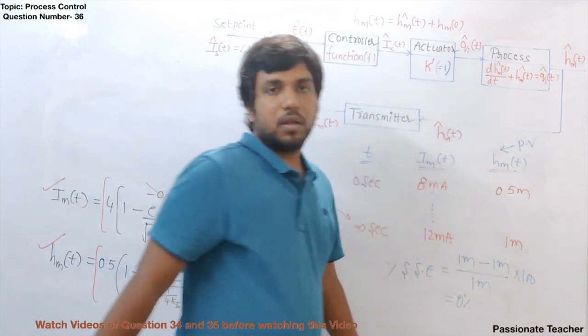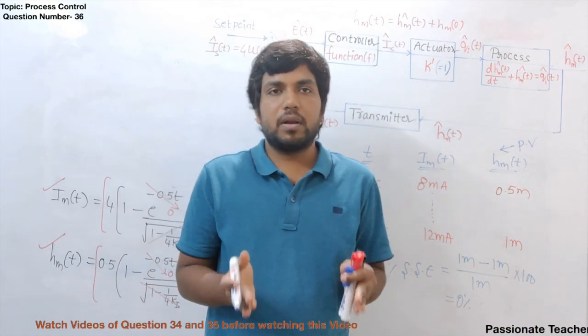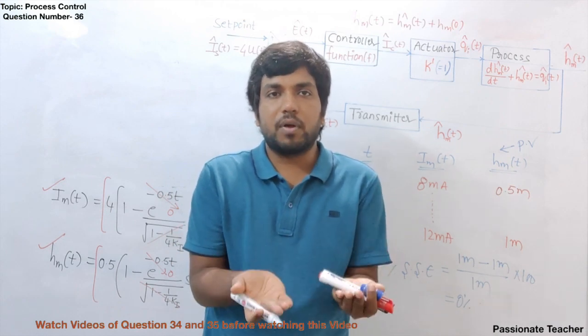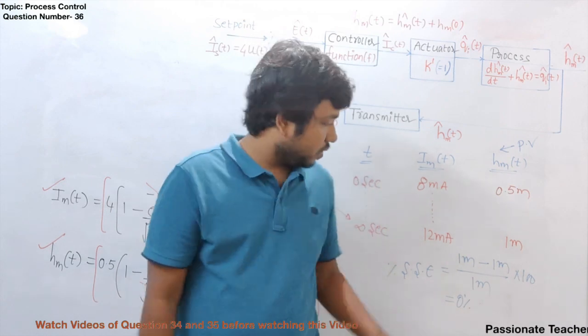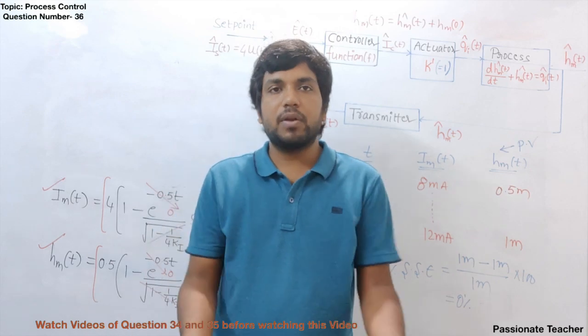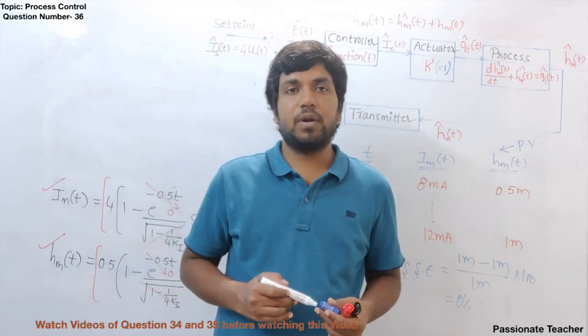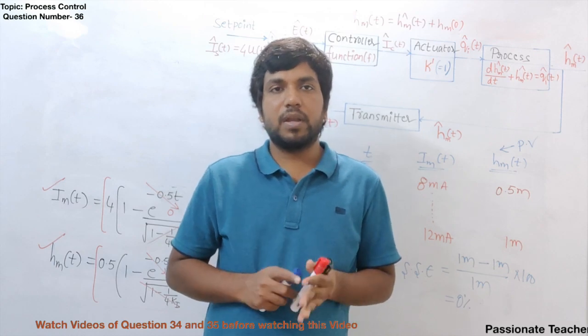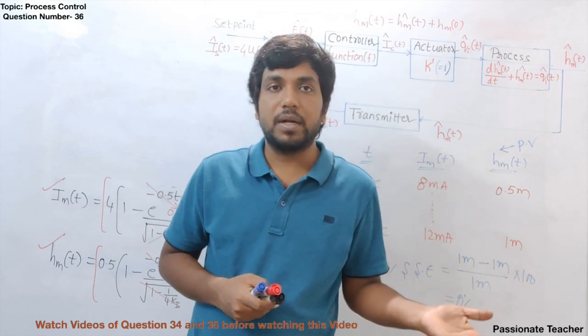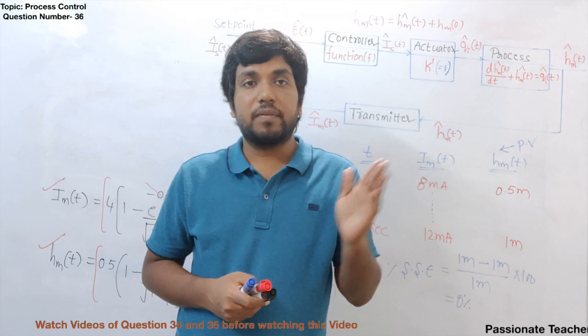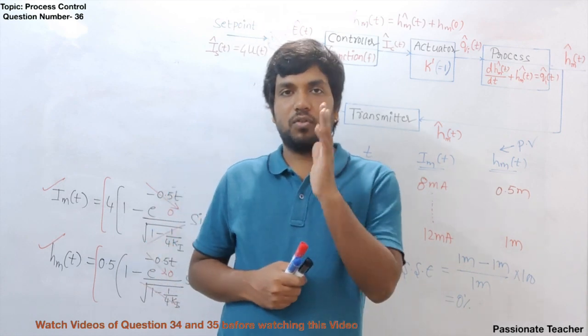So what does it mean? Though the integral controller is slow in response, you can expect 0 steady state error irrespective of the value of Ki. Clear? This is the biggest advantage of the integral controller, because it may work slowly, but ultimately we will get the desired thing, that is, steady state error equal to 0.